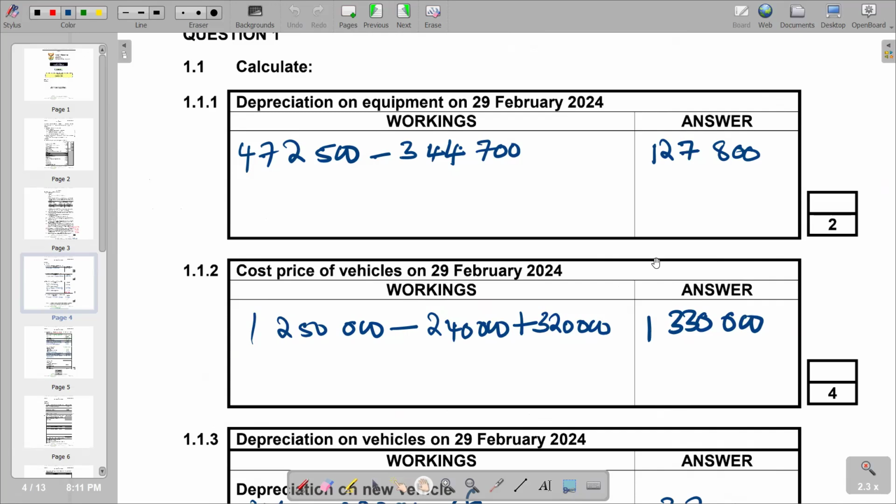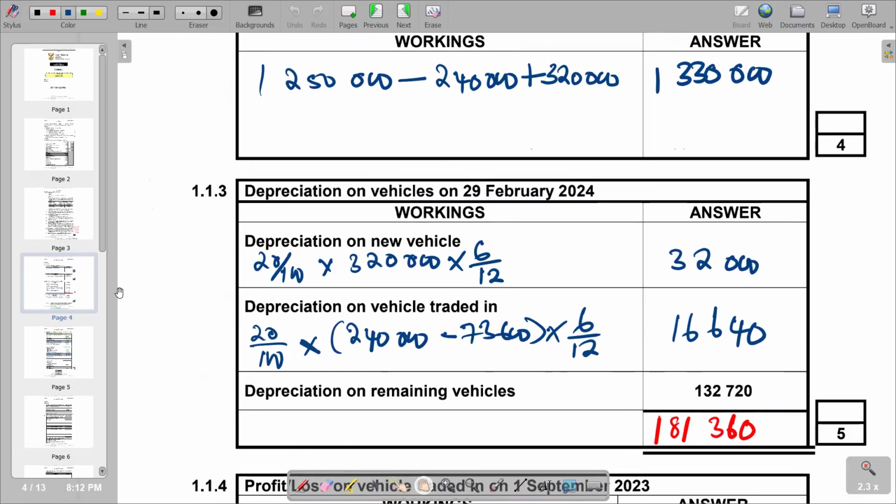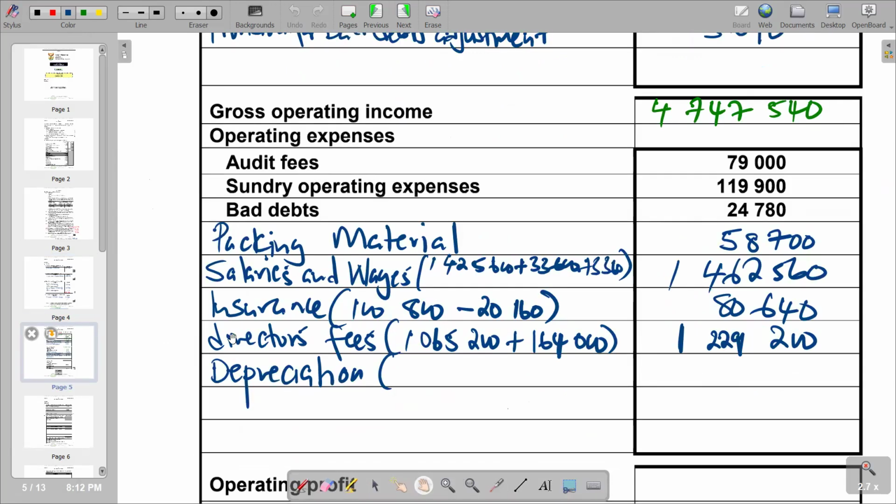So we're going to add this 127,800 to the total for vehicles to get the total depreciation. So in brackets, we are saying 127,800 plus 181,360. So basically, this is what we have.